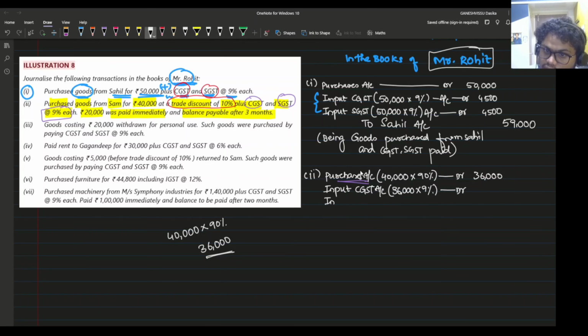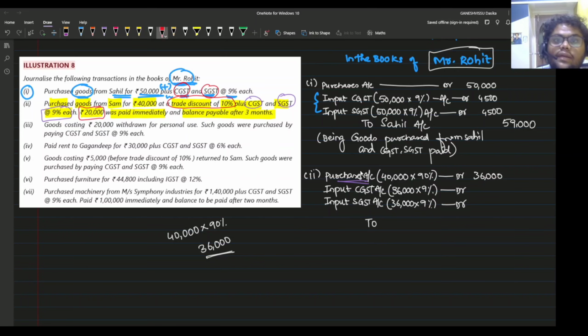The same value is there for SGST as well. Input SGST account, same 36,000 into 9%, debit. Let me calculate this amount later, and we have to see the transaction once again.